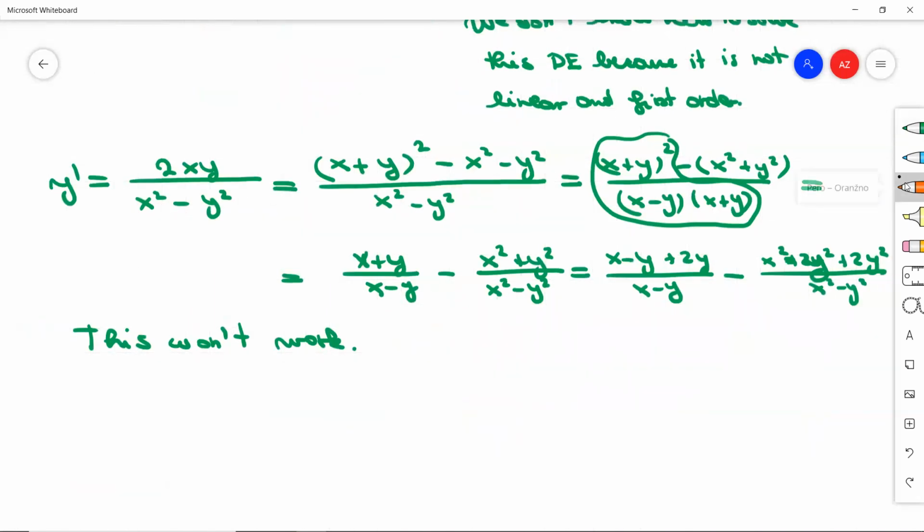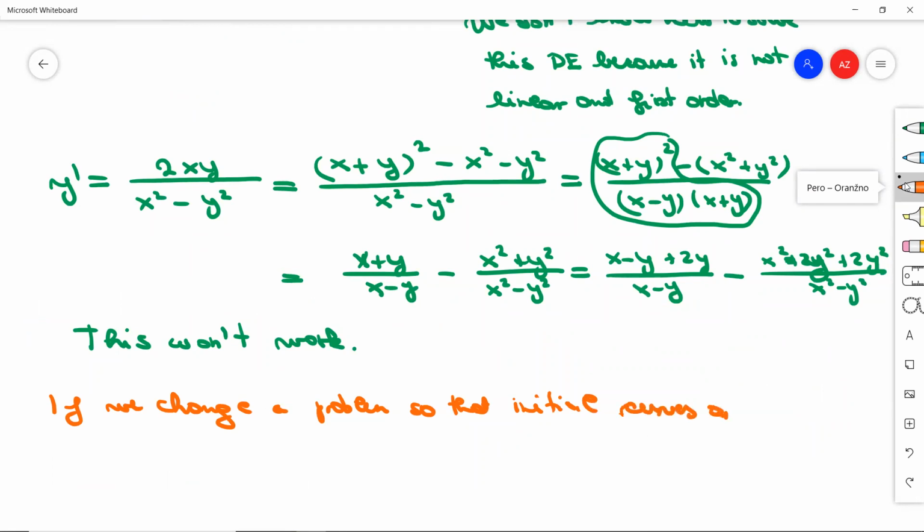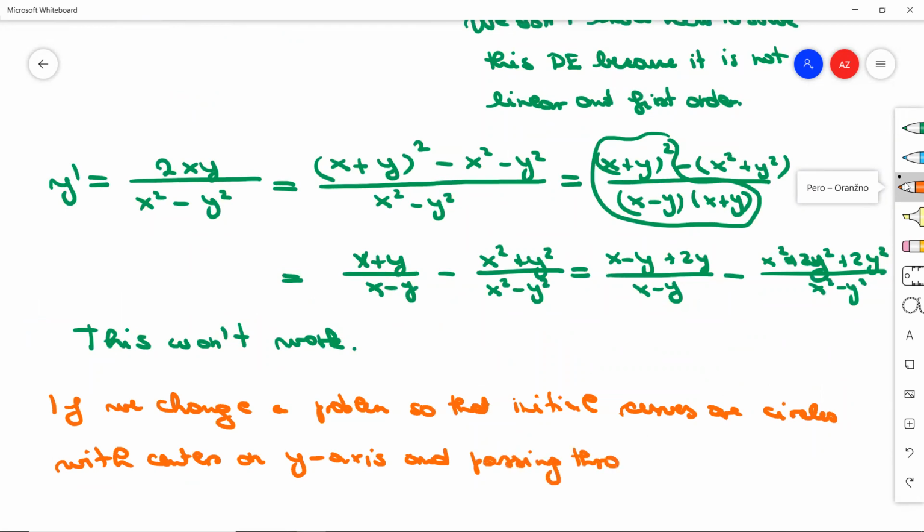If we change the problem so that the initial curves are circles with centers on the y-axis and passing through the origin, our DE would be exactly the opposite one.